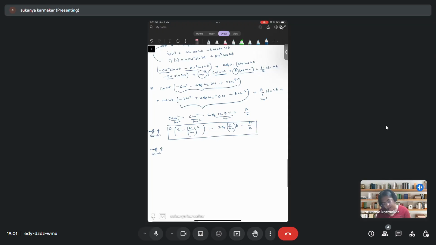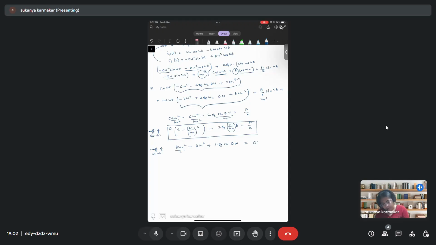There we can write d omega n square minus d omega square plus 2 zeta omega n times c omega is equal to 0.